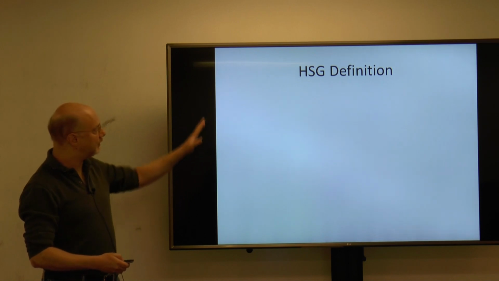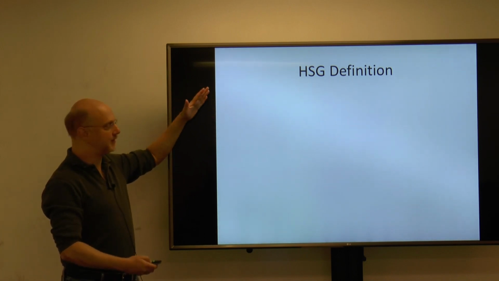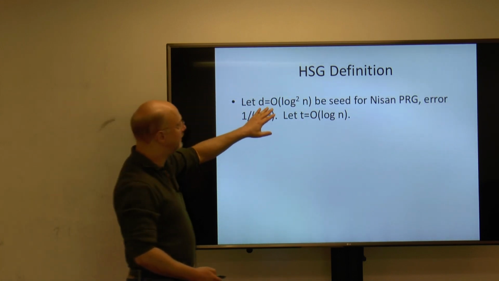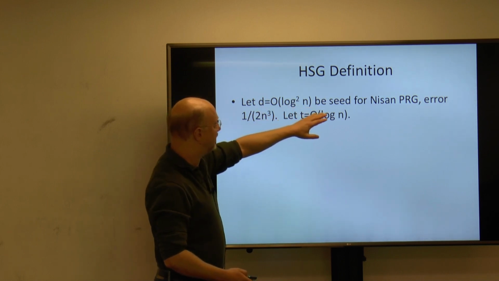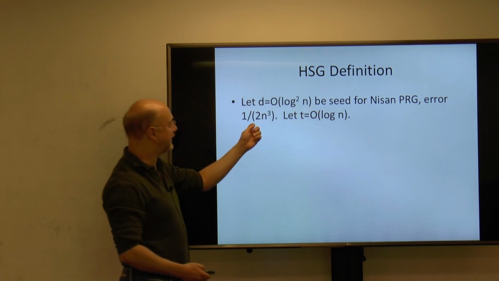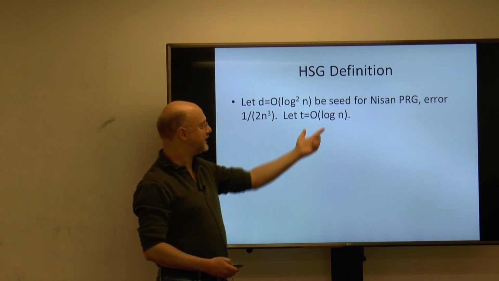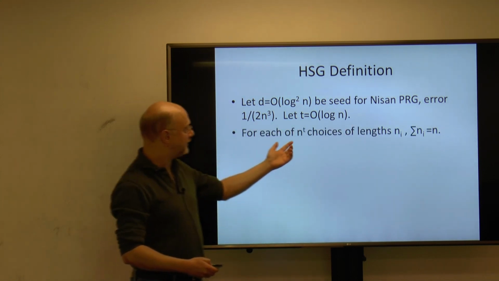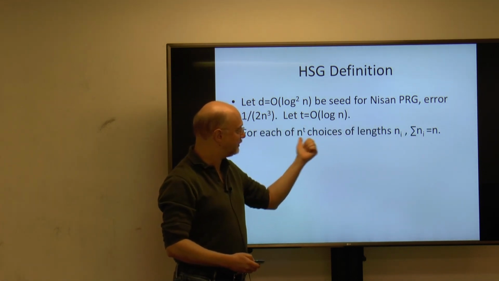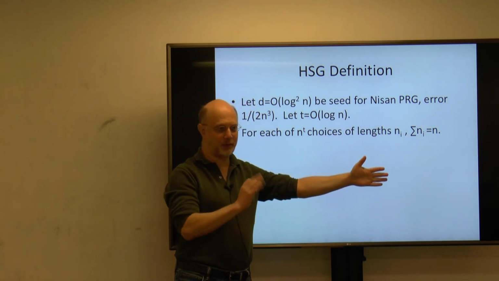Just to recap, what is the hitting set generator? I sort of gave a top-down view of it, but we let D be the seed length of Nisan's generator with this error. We let T be order log n, and then we're going to try all possibilities for where the VIs are.